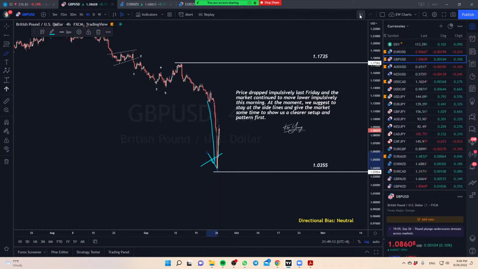Just imagine if you realize the market is coming down very strong, and you have this thing we call FOMO, the fear of missing out, and you just jump in and sell. You might be caught in such a situation, right? So that's why most of the time when we see a strong move, we don't want to touch it. We give it time. And when we see a bounce like that, it is usually indicating a potential rejection.